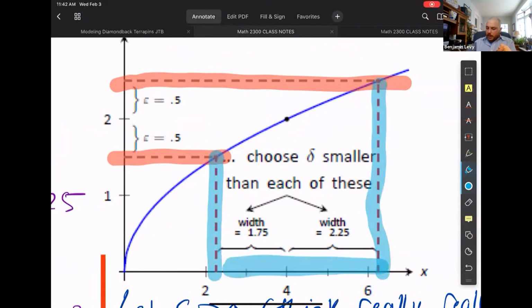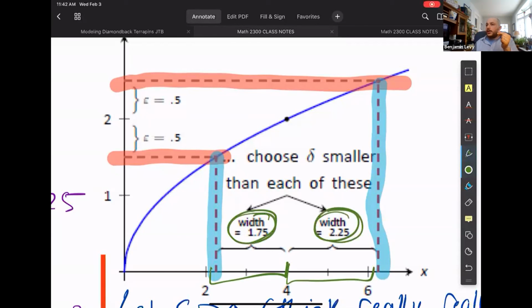But that's not an even interval around 4. This distance, which I just drew in green, is less than that distance. One's 1.75, one's 2.25. And so we want to pick a specific interval that's even around 4.